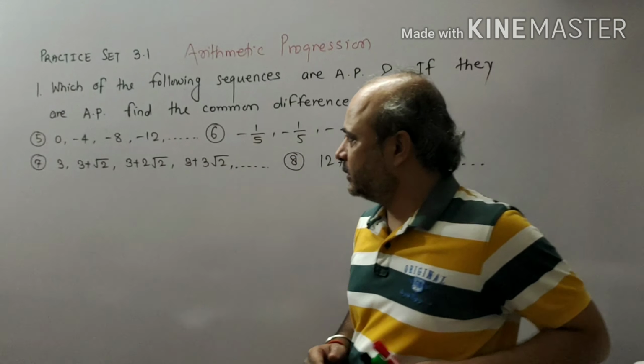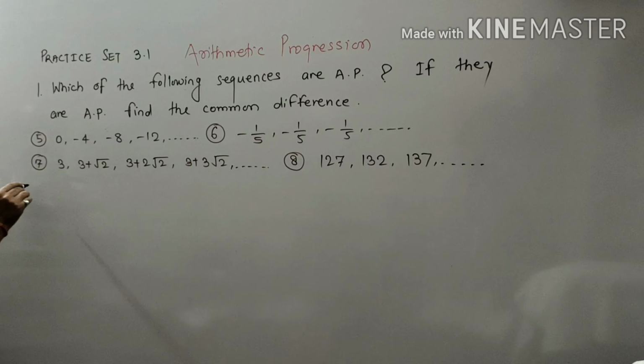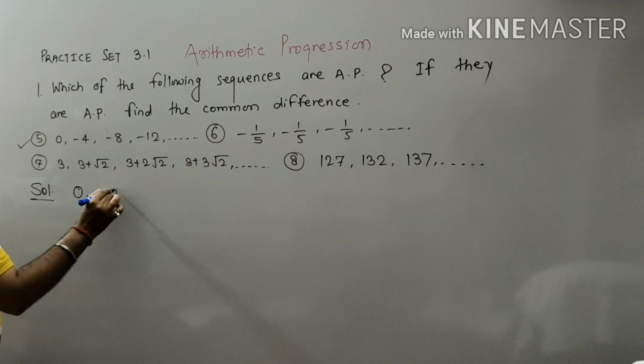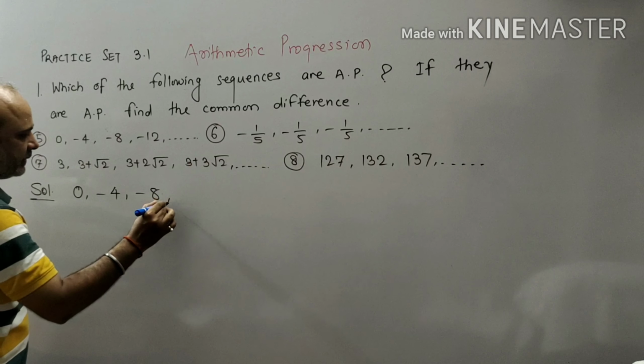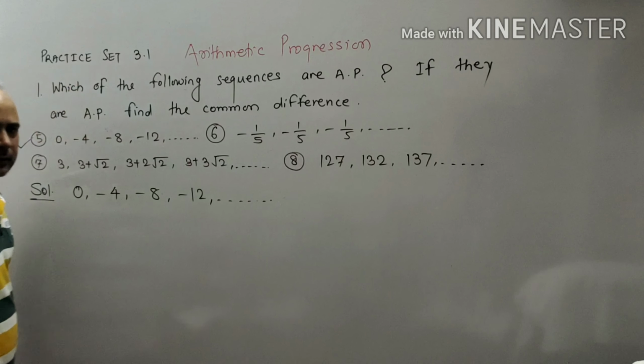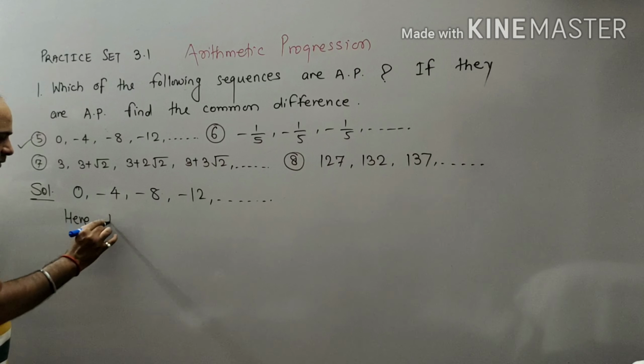Now, student, we will start the fifth one. So here the solution will start. What is the fifth one? It is 0, minus 4, minus 8, minus 12 and so on. Clear? Here, first term is what, student?